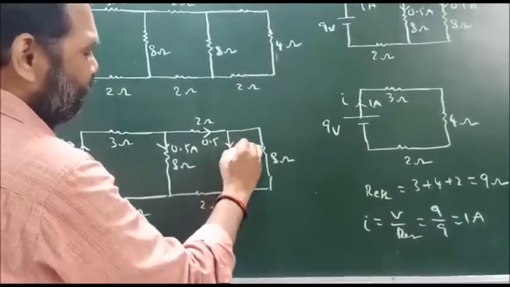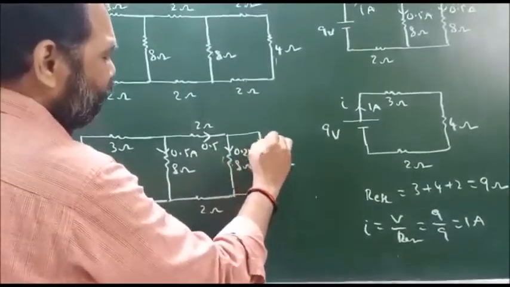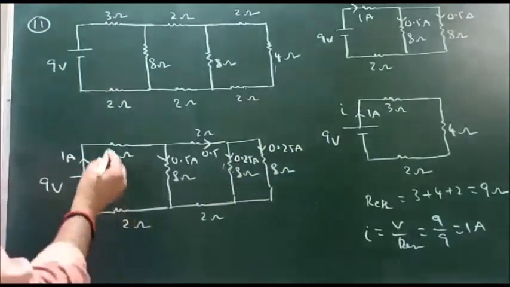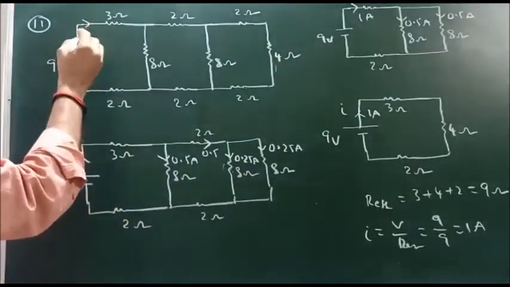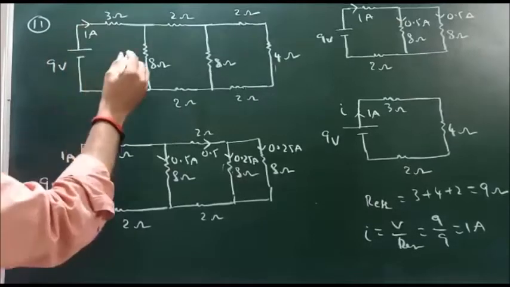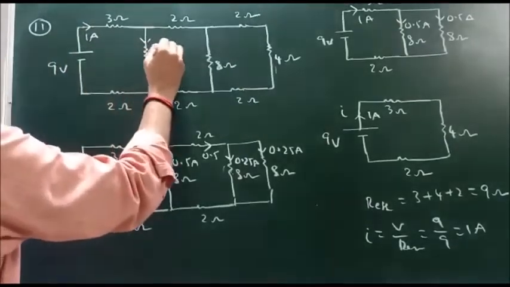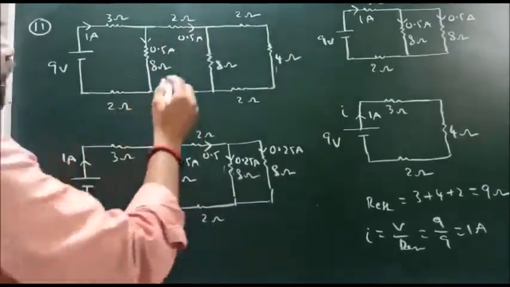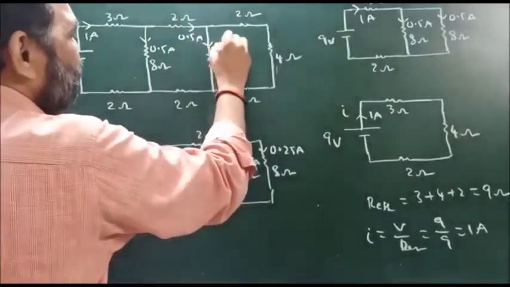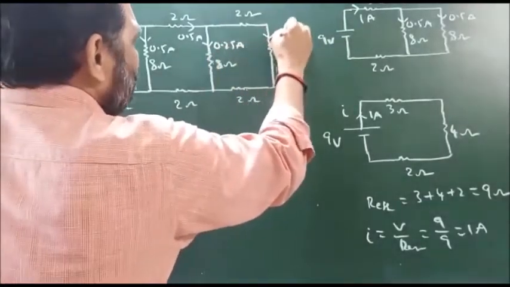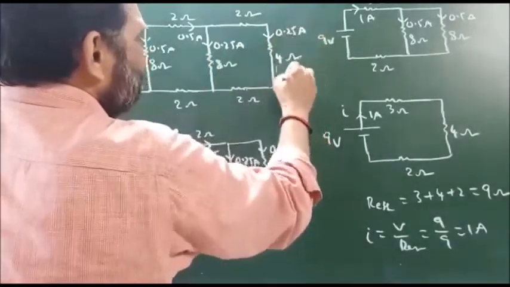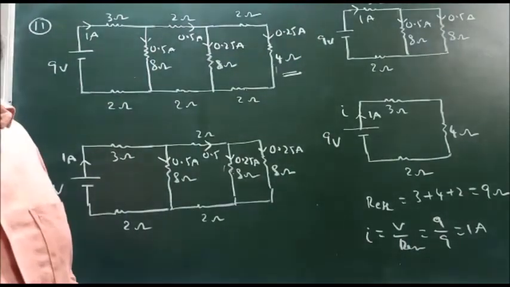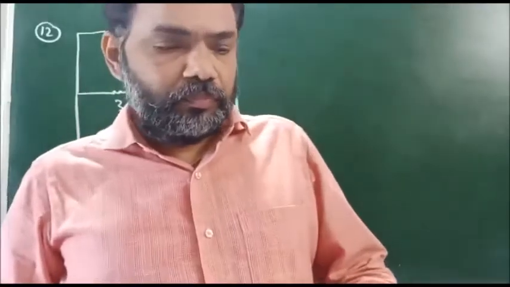Here this 0.5 amperes can be divided into 0.25 amperes and 0.25 amperes. Therefore, clearly the current traveling through the 4 ohms is nothing but 0.25 amperes.